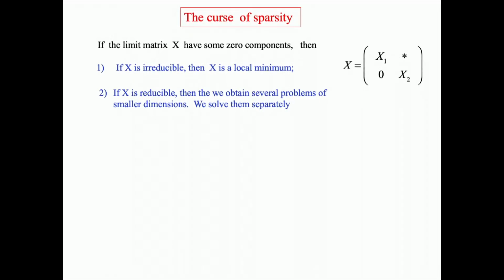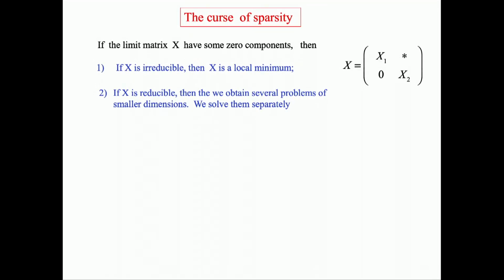But after this, it is impossible to come back to the original problem. So this decomposition will stay forever, even if the absolute minimum doesn't have this decomposition. And after that, we go further by the same algorithm and so on.